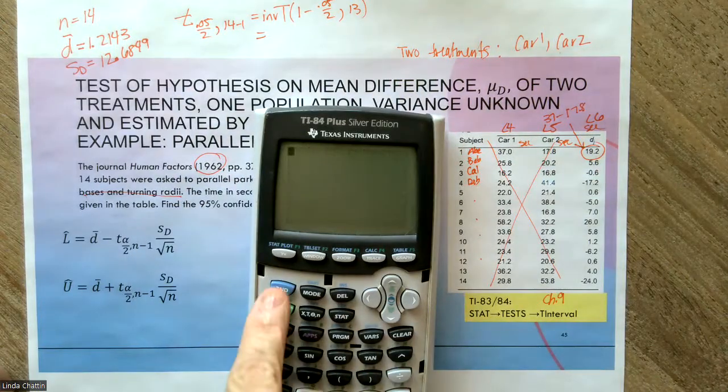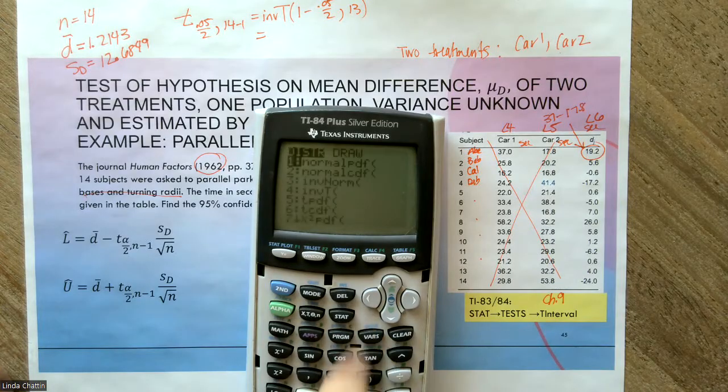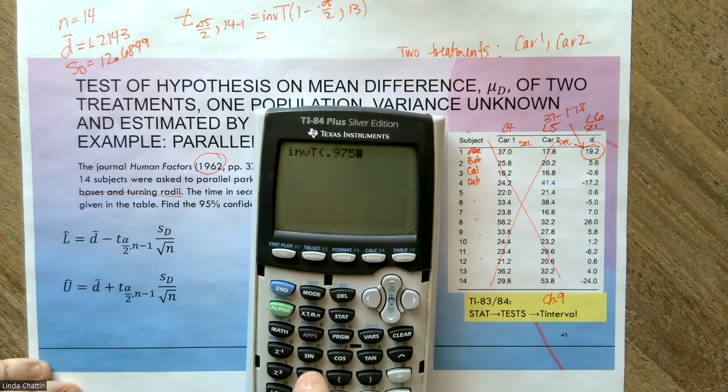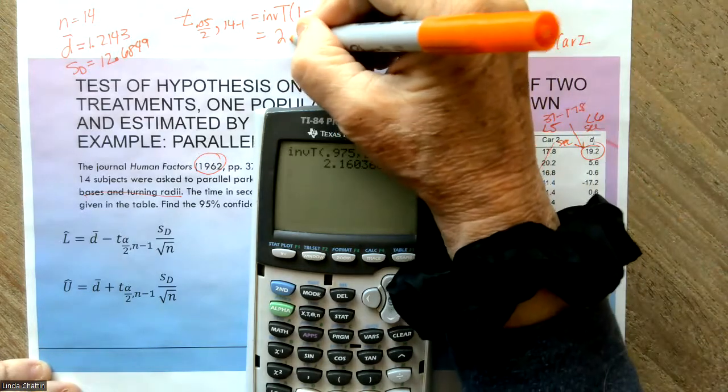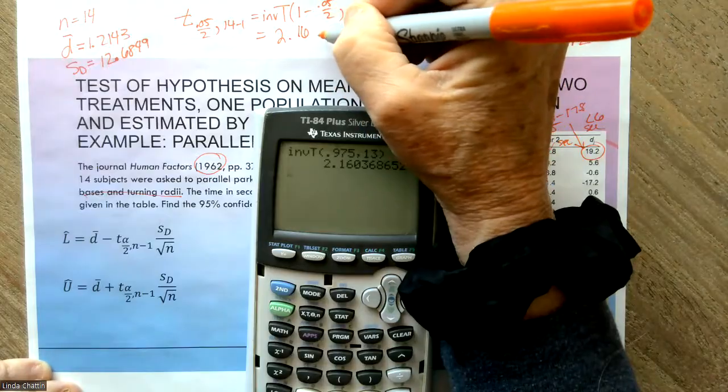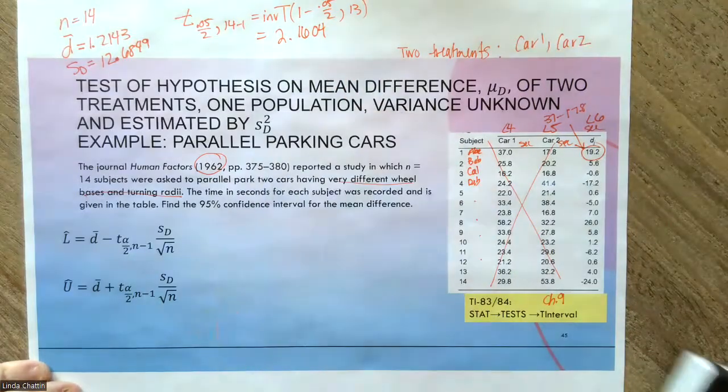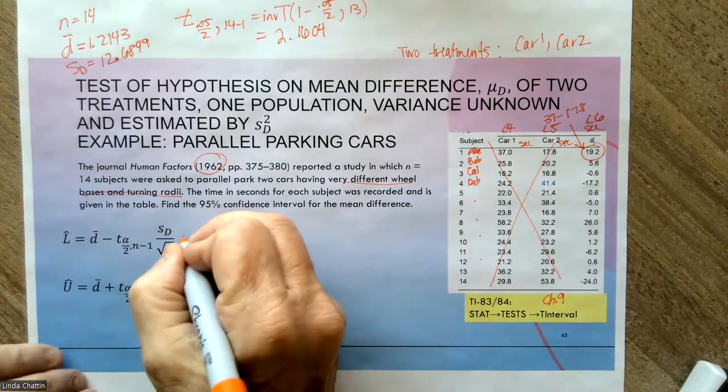To get that, we would go second function, distribution, inverse T. If you don't have inverse T, there is a code for it under the general information section on our Canvas. You probably have it because you would have needed it for chapter 9. So we're going to go 0.975, comma, 13. And that will give me this value here, which will be 2.1604.